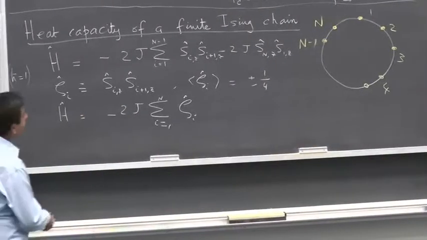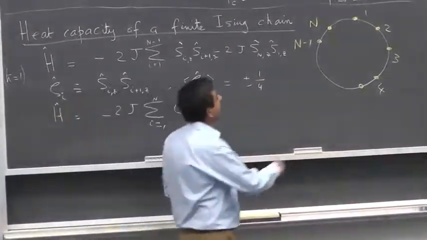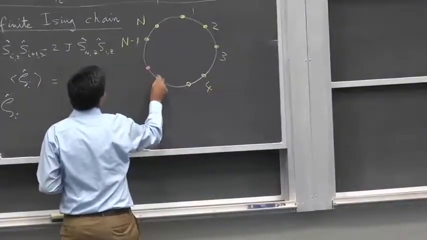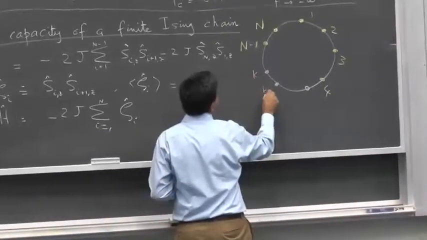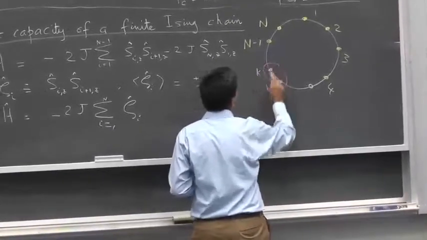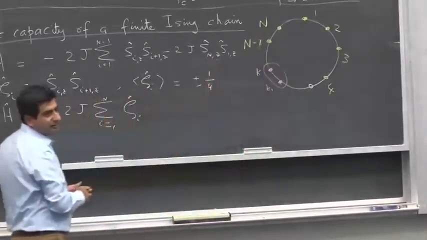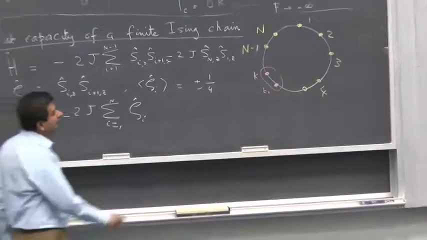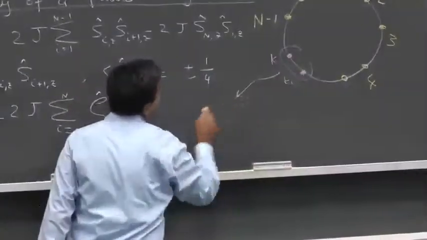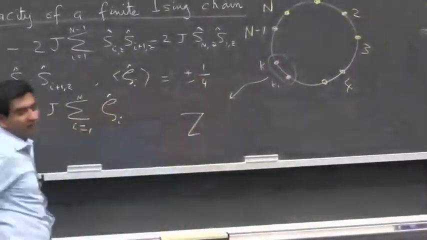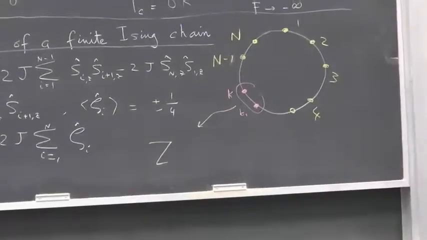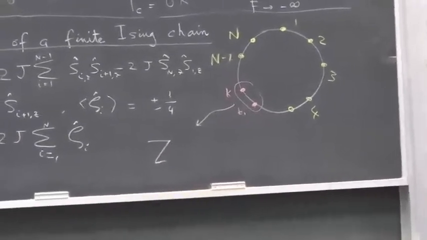Now let's consider just one pair, any pair, k and k minus 1. Let's just consider this pair here, any pair inside this thing. Now what we would like to do is write down the partition function Z for this pair. For that we need to know the possible energies of the system.